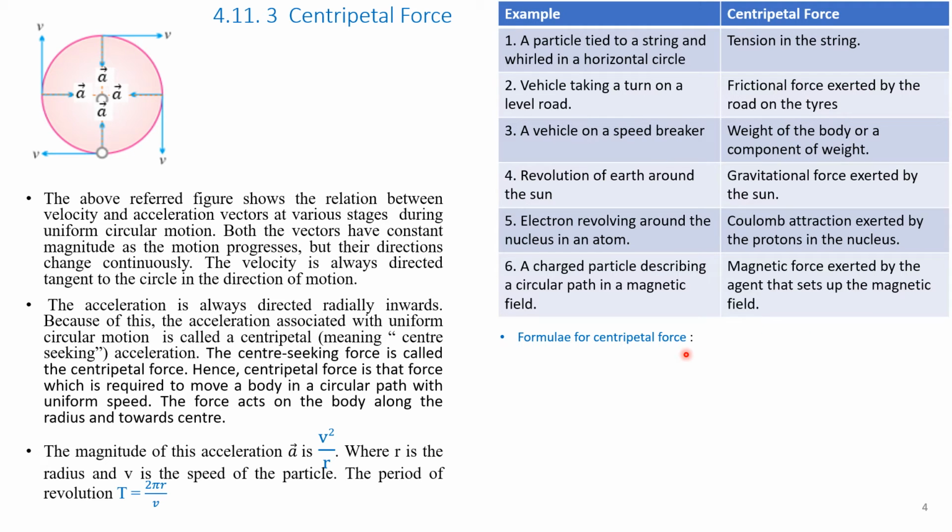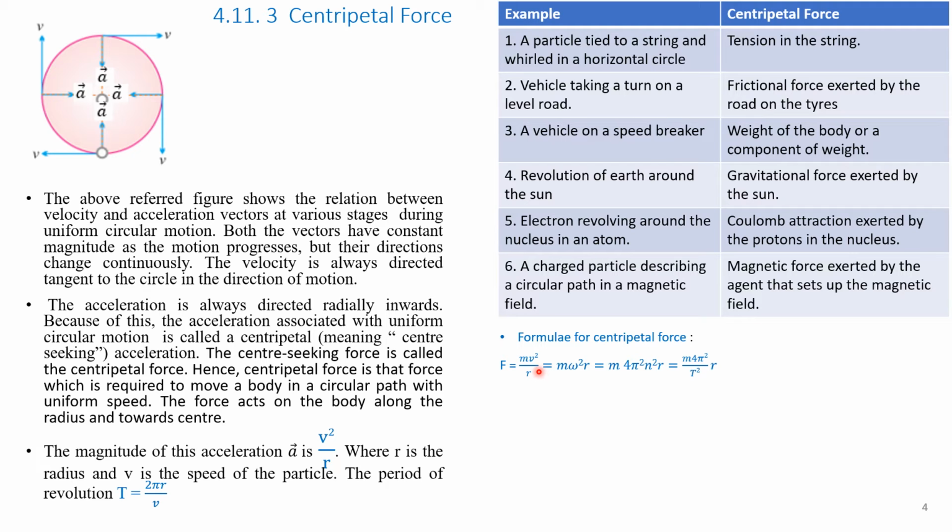Formula for centripetal force. F is the centripetal force. The force is given by the relation mv square by r, where m is the mass, v is the velocity, and r is the radius.